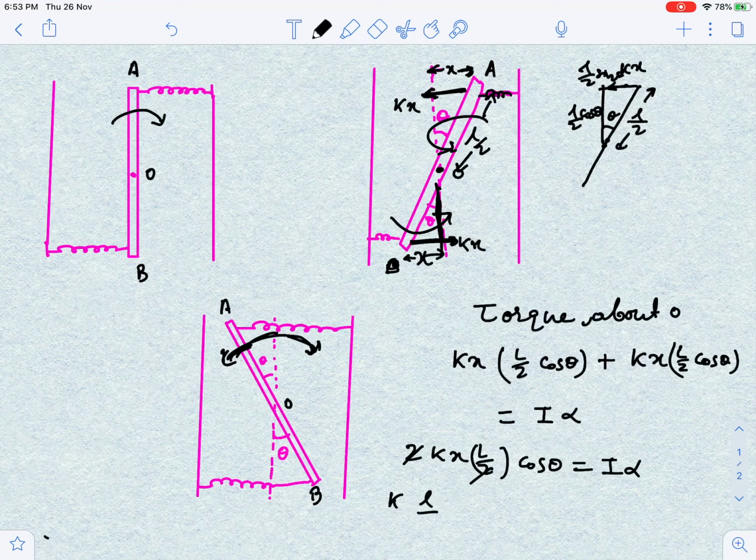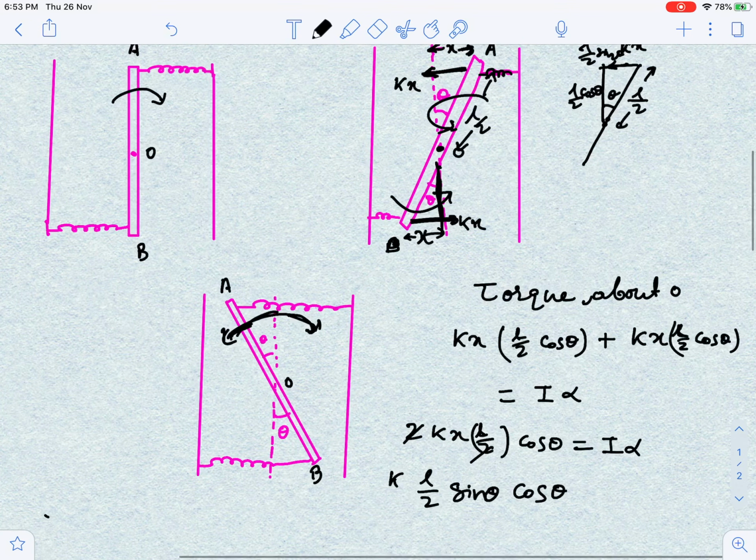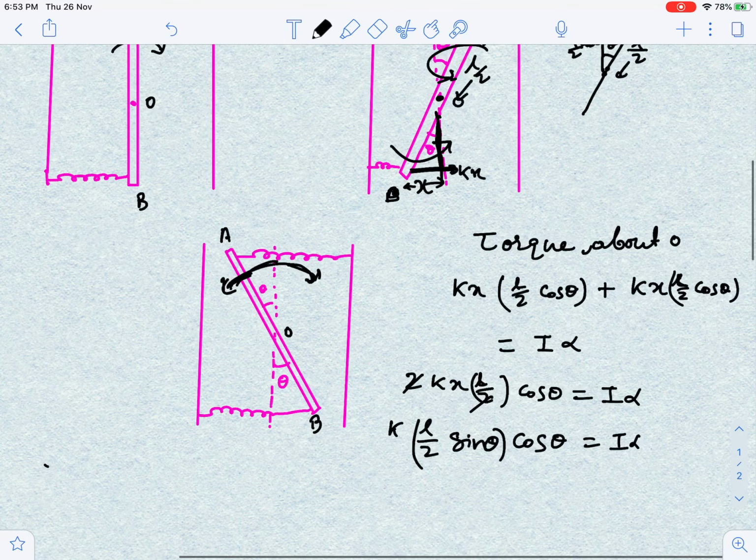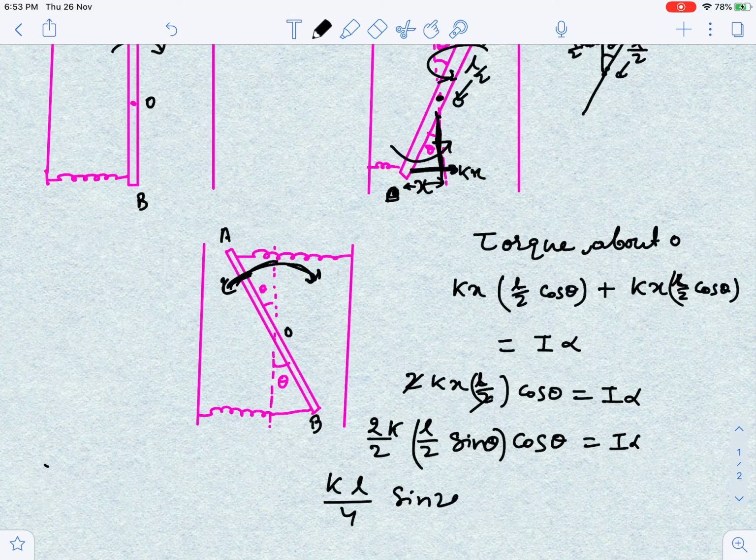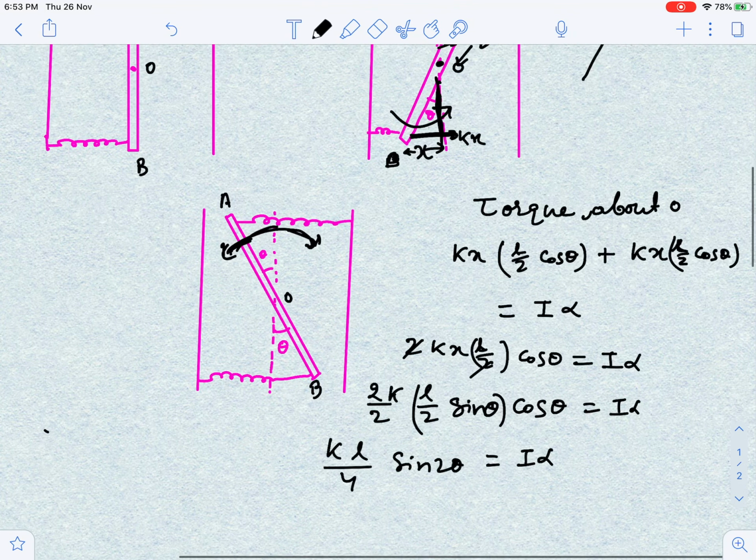So I write kL by 2 sin theta into cos theta, after replacing the value of x, equals I alpha. I multiply by 2 and divide by 2, so this becomes kL by 4 sin 2 theta, because 2 sin theta cos theta is sin 2 theta, equals I alpha.